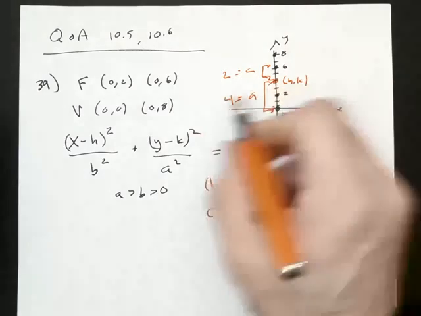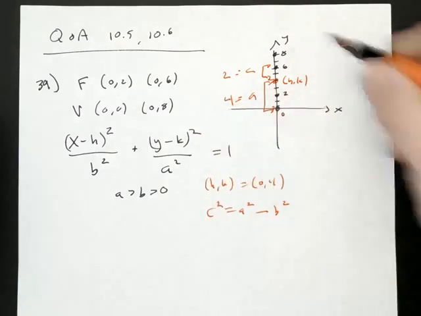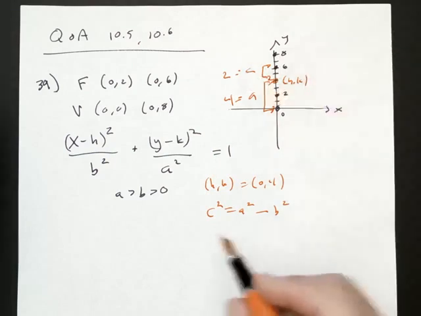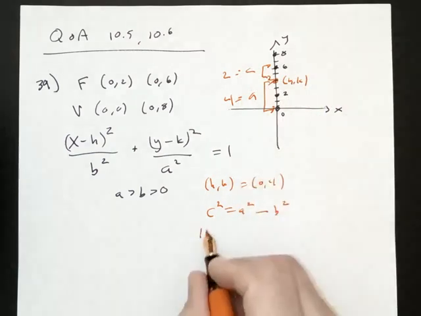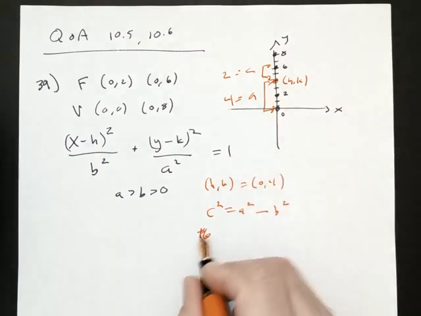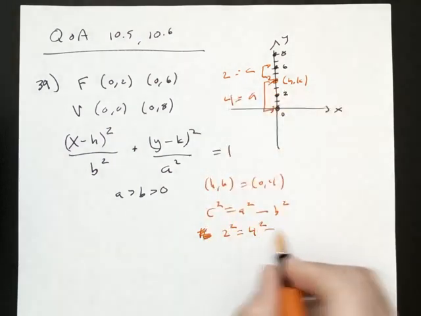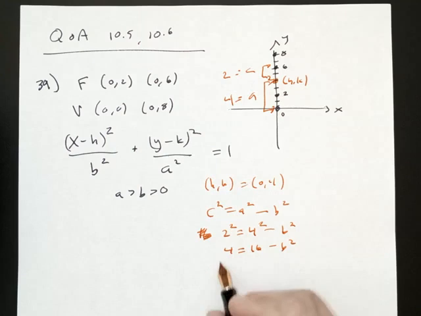b is across the ellipse. It goes the other way. That goes with the minor axis, which we don't have anything about here. So if I want to get b, I have to use a and c. So b squared is 16 minus 4, that's 12.